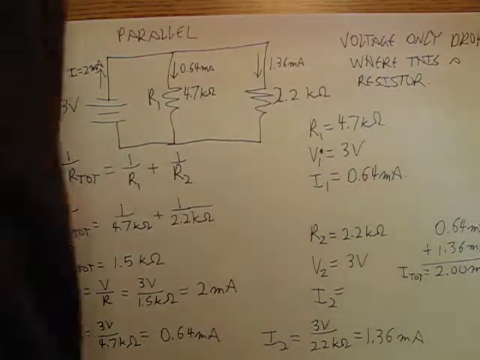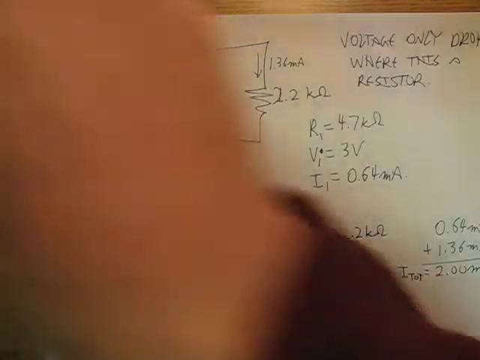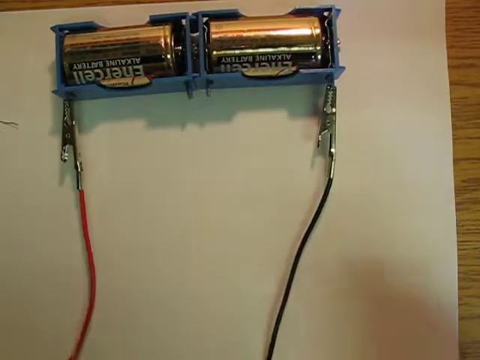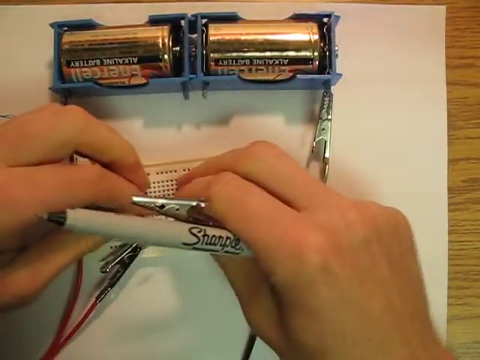Okay, let's try it. And again, I highly recommend that anybody should try this at home. So let's clean up the surface here a little bit. Okay, so I'm going to put them now in parallel.